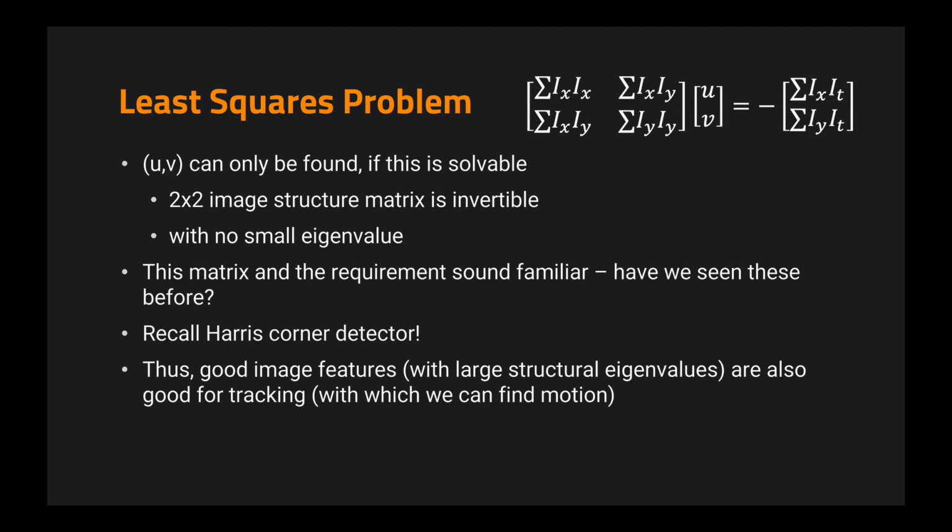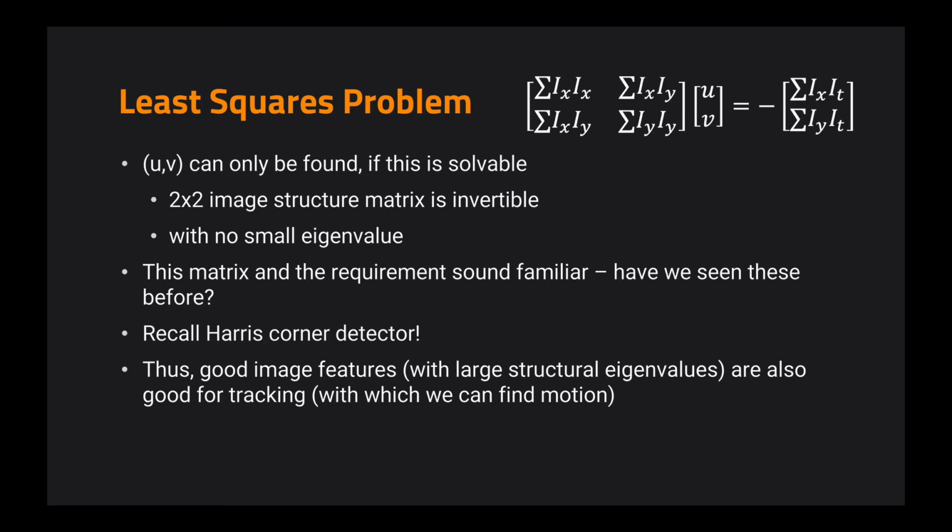And for this system, u and v can only be found if the matrix is invertible. Also, we say that the solution is stable if the 2 by 2 matrix has no small eigenvalue. Otherwise, when we calculate u and v, the condition number of the matrix will be very big, which means that any perturbation to the matrix may lead to a big change in u and v.